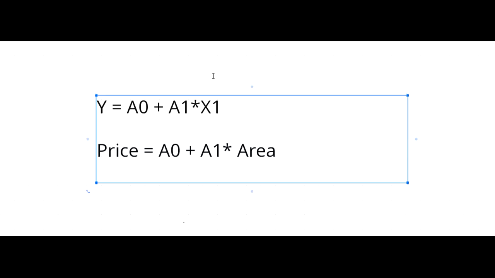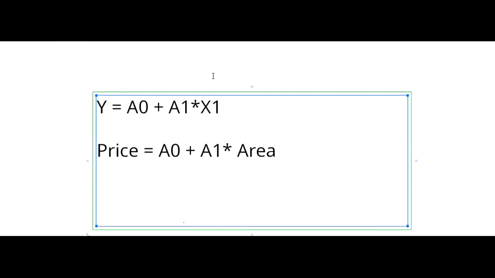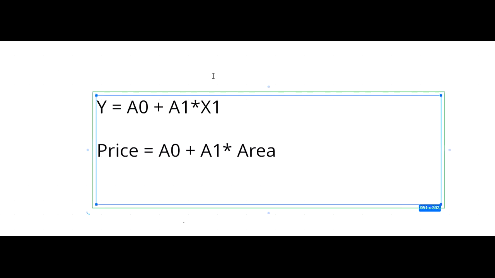Let me give you an example. Let's say you have price is A0 plus A1 times area plus A2 times the number of bathrooms or toilets. The model is not great, but you want to improve it and have squares.